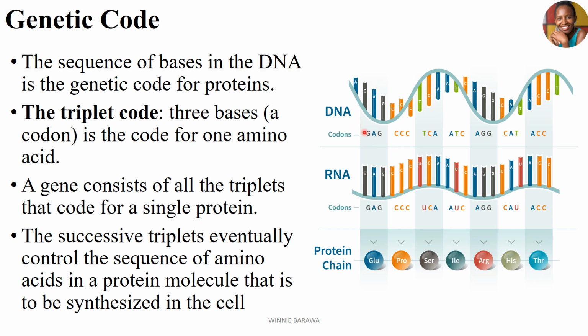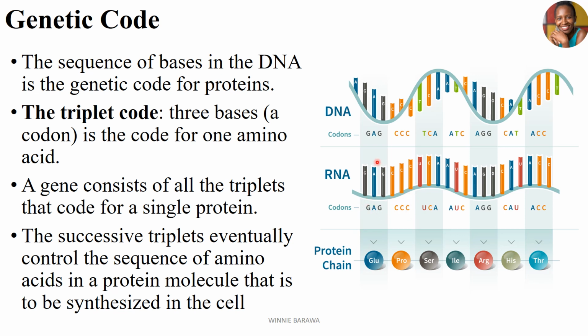So what the DNA does is what we call transcription. It will transcribe this information into the RNA. We'll come later to discuss more about RNA and how it takes the information from the DNA. The RNA strand will then go to the ribosomes and be translated.